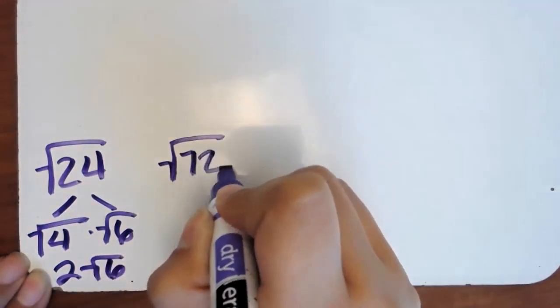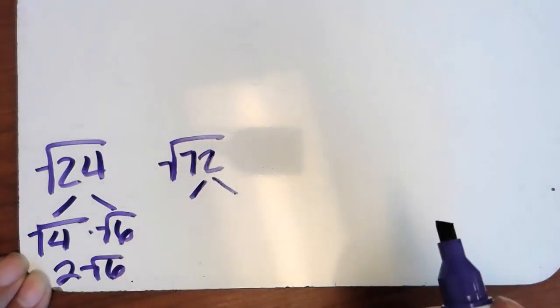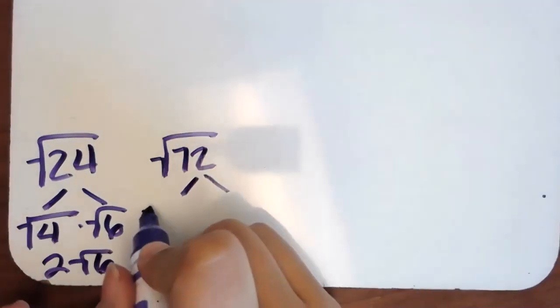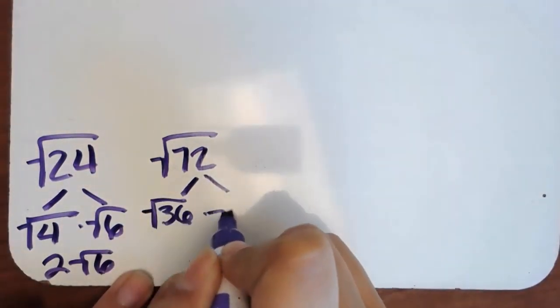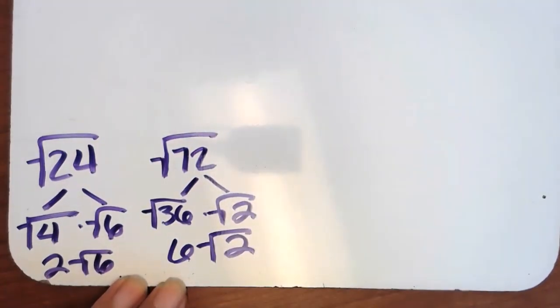And a perfect square that goes into 72, I would believe is 36. Half of 72 is 36, which becomes 6 square roots of 2.